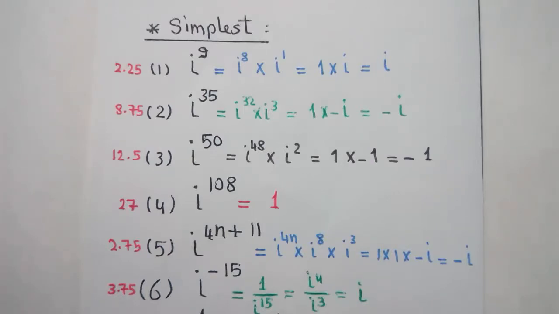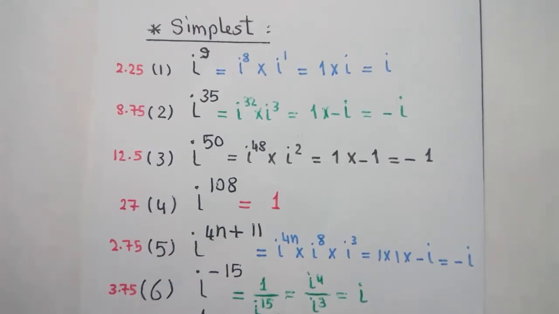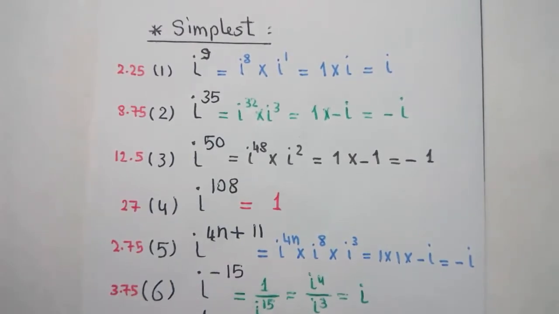If the power is negative, i negative 15 equals 1 over i power 15. 15 divided by 4 is 3.75, so i power 3.